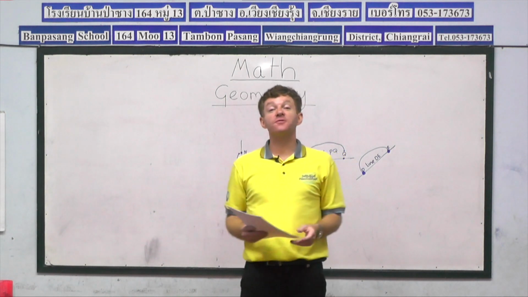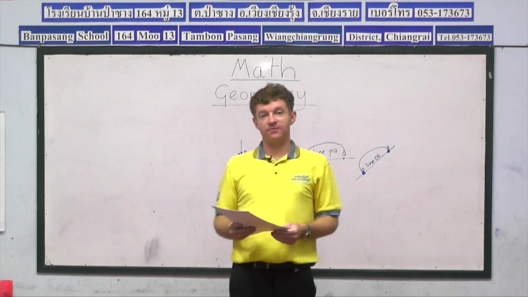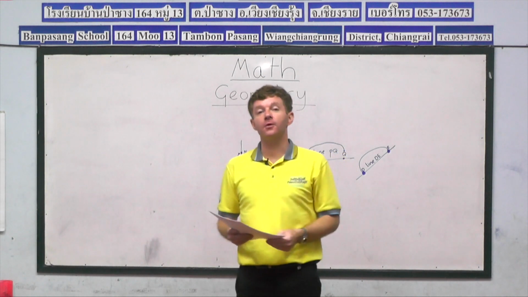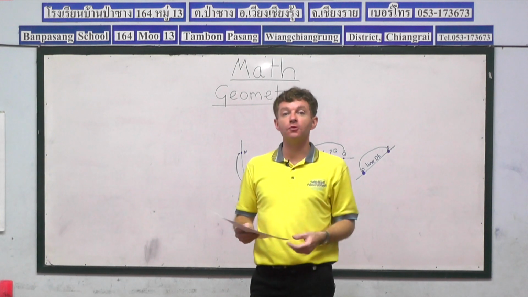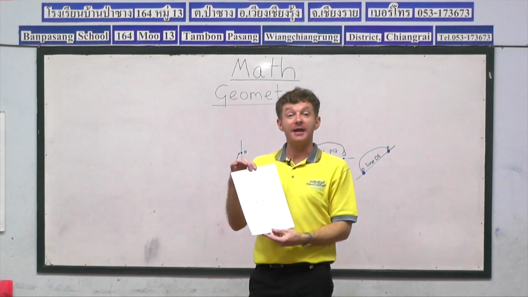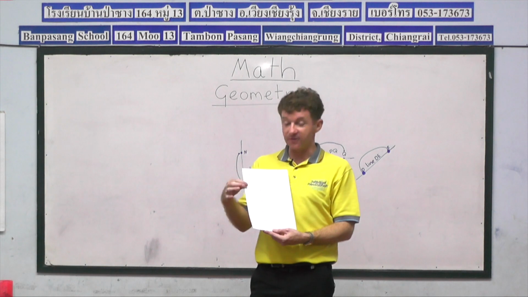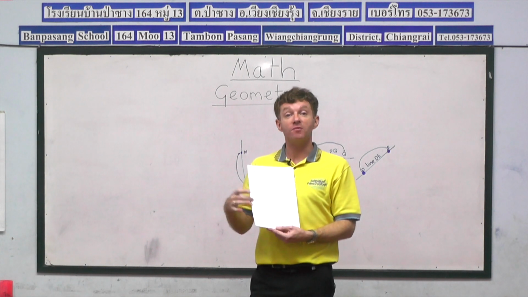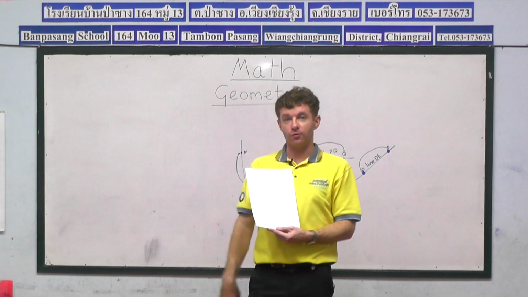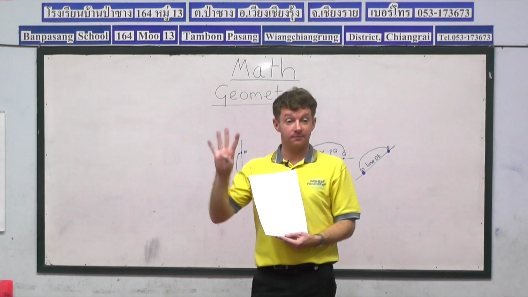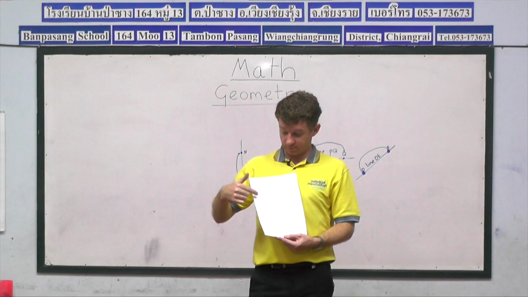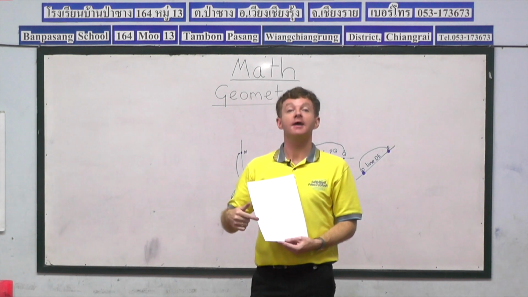And now it's time for our worksheet activity. So teachers, what you need to do is you need to print out a worksheet for each of the students in your class. And as you can see here, there is a different set of line segments that our students need to draw. How many different line segments, guys? 1, 2, 3, 4.